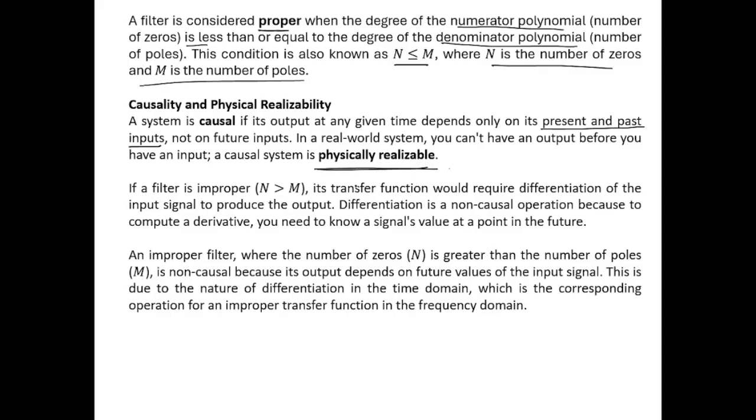Okay, if a filter is improper, that means n greater than m, its transfer function would require differentiation of the input signal to produce the output. Differentiation is a non-causal operation because to compute a derivative, you need to know a signal's value at a point in the future.